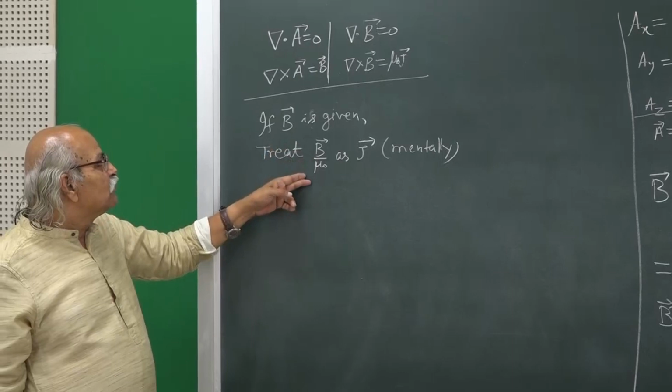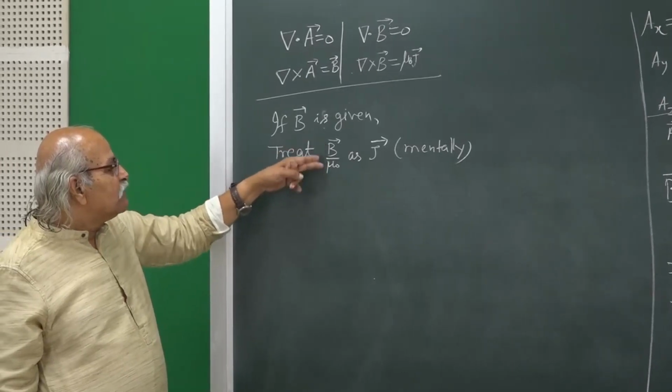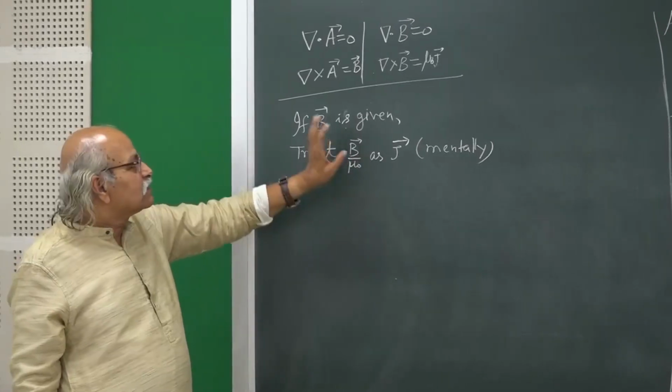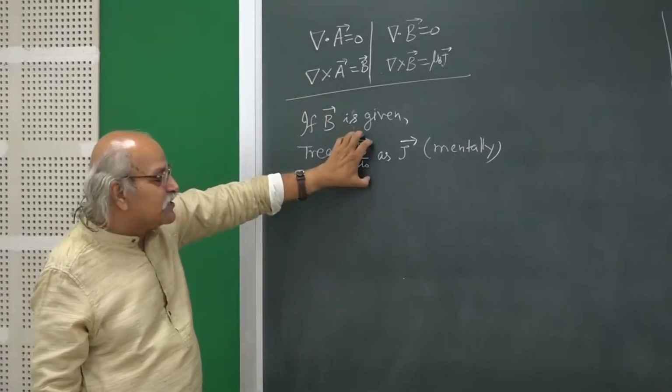B by mu naught will not have the same dimensions as J. So, just look at the mathematical expression.